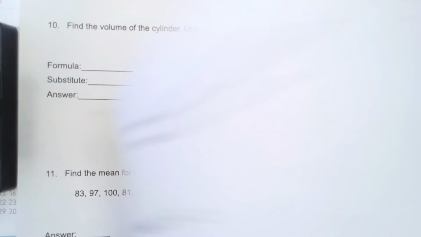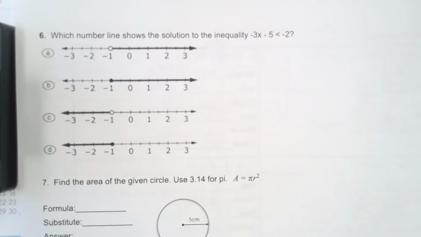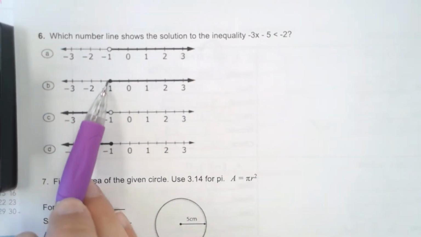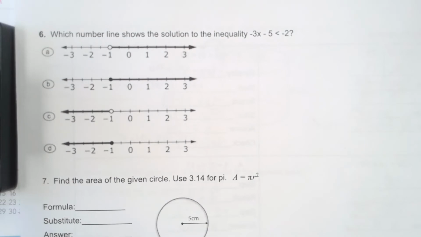All right, moving on to the back. So number 6, which number line shows the solution to the inequality negative 3x minus 5 is less than negative 2? So before I even start solving, I know for sure that 2 of these number lines that are given are not going to be the answer, because do you guys see how we have some open circles and some closed circles?